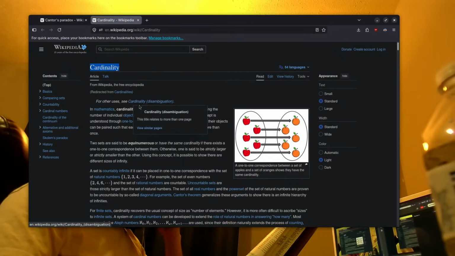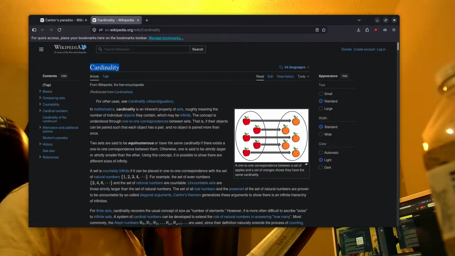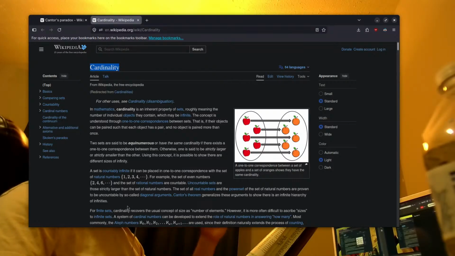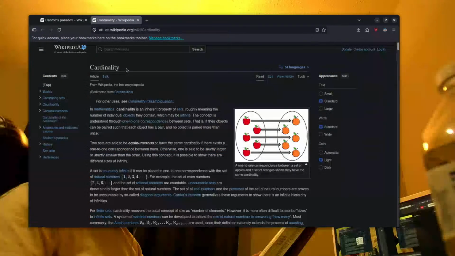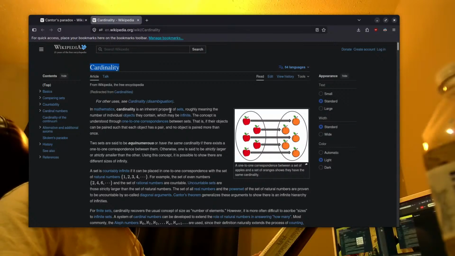Here's another example of, not just mathematics, but higher education in general. A lot of the battle is understanding what seemingly obscure terms mean. And I come back to this a lot, but here's a perfect example: cardinality, roughly meaning the number of individual objects in a set. Not very hard to understand, right?